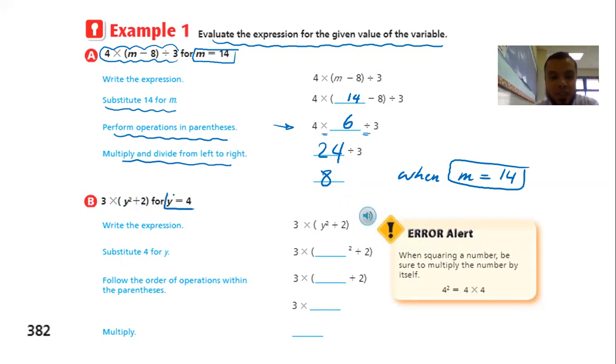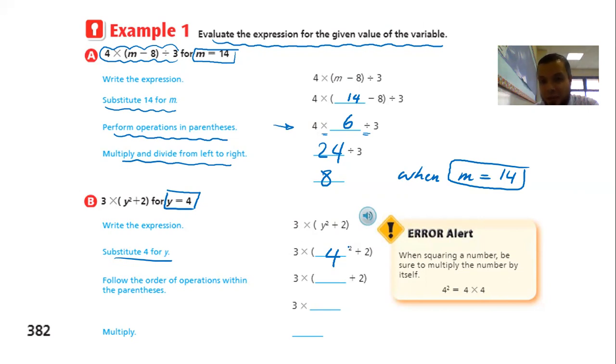Okay, tell me, what is the value of the variable y? It's 4, right? Okay, right. Let us substitute 4 for y.